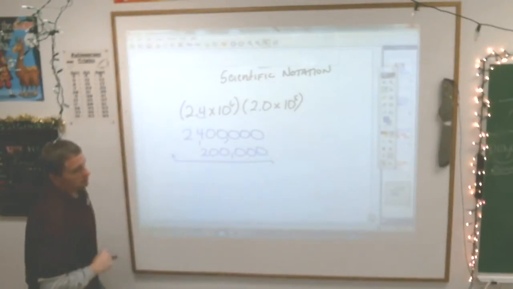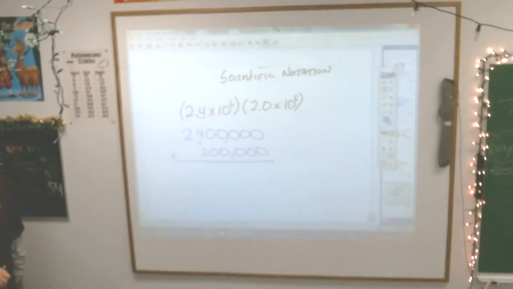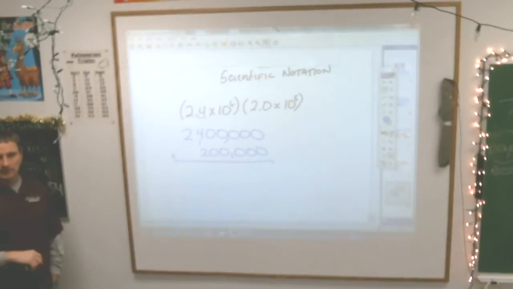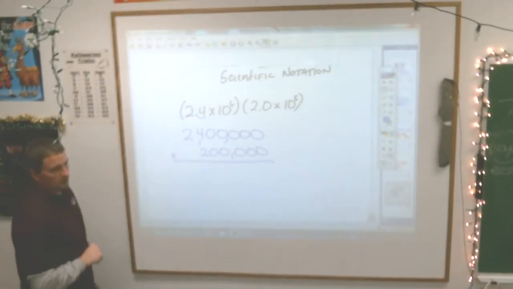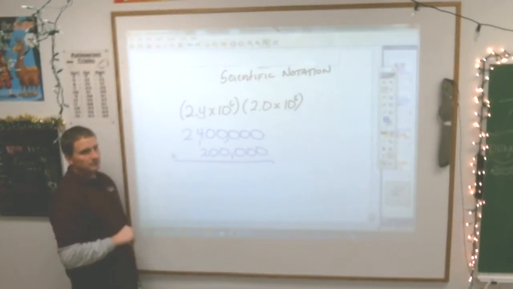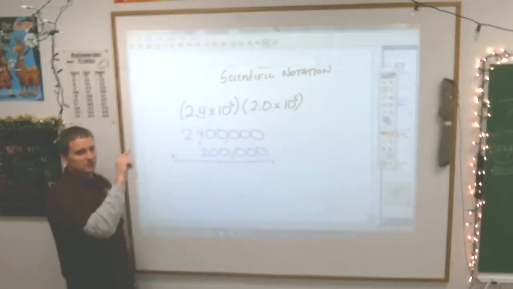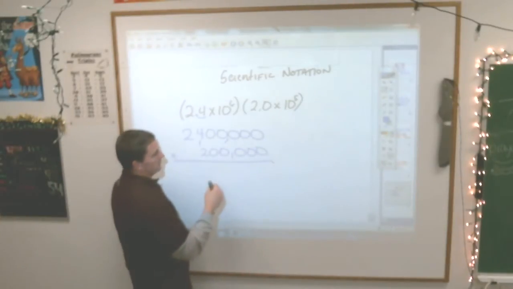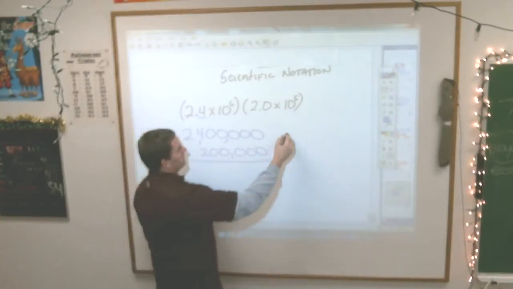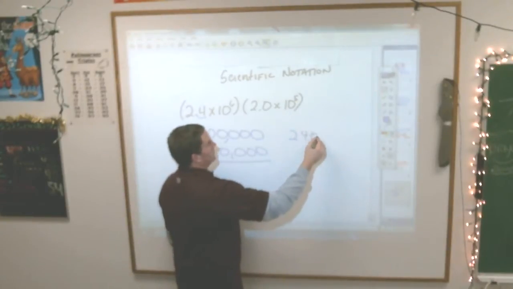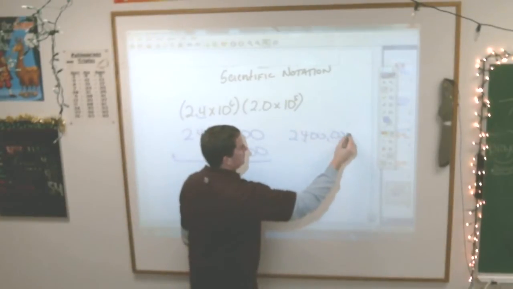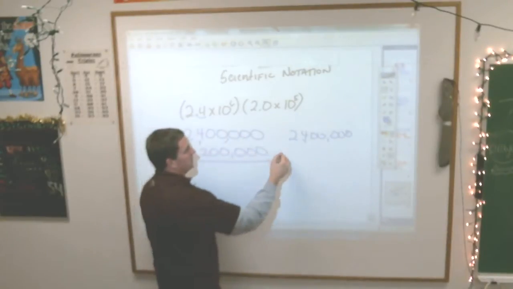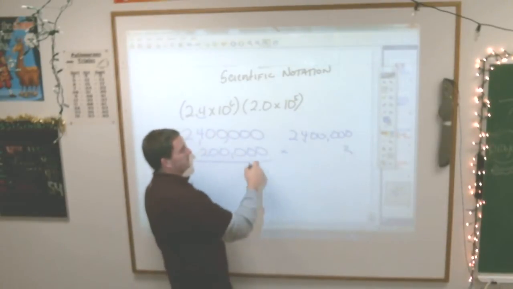Now, in order to multiply that out, how do we have to do that? Anybody? Suggestions? How am I going to do this, Peter? Peter says we learned a way back in math to hang the zeros out to the end, drop them all down, and then multiply, which I guess we could have done here, which means I would do this. 2, 4, 0, 0, 0, 0, times 2 with 5 zeros after it?